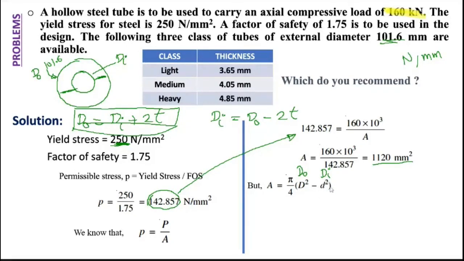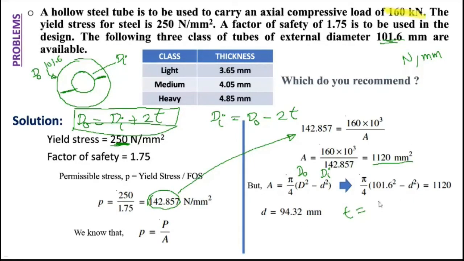The only unknown is small d square. I'll substitute it: pi by 4, 101.6 the whole square minus small d square is equal to this area. Cross multiply and find the value of d. My d is 94.32.